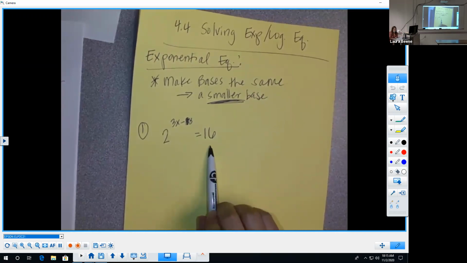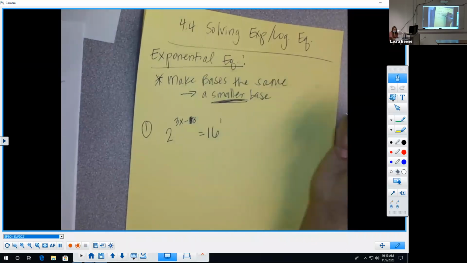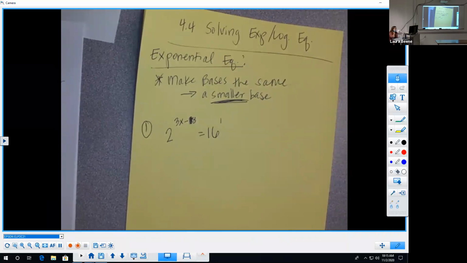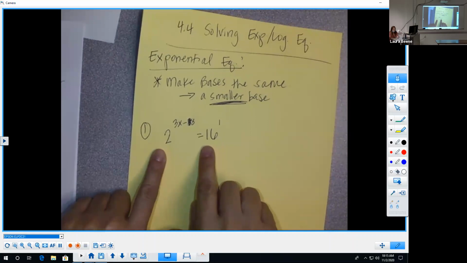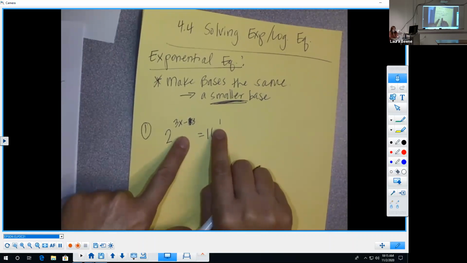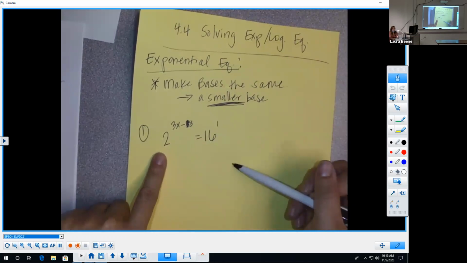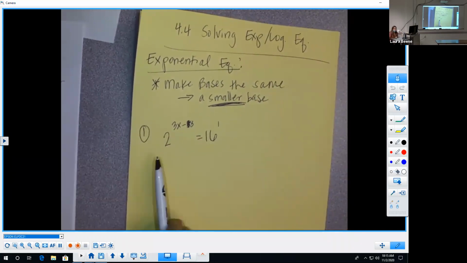What's the exponent for the 16? Technically a 1, right? So 16 is a base. The idea here is if I can turn these both into the same base on bottom, then I can just set the exponents equal to each other. Because if I had like 5 to some power equals 5 to some power, the 5s don't even matter anymore. I have a power equals power, right? So the question is, do I turn 2 into a 16 or do I turn 16 into a 2?